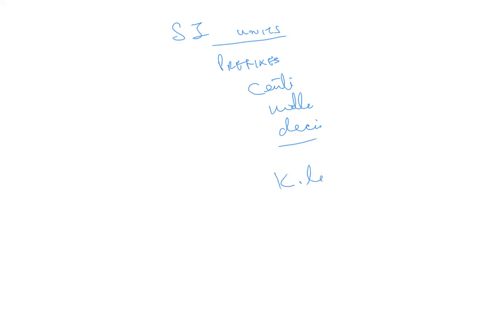They will also give you some SI units with their prefixes, like centi, milli, deci, and ask you which one is smallest or largest. So you need to know that. Kilo normally is 1,000, so kilograms would be a larger one.